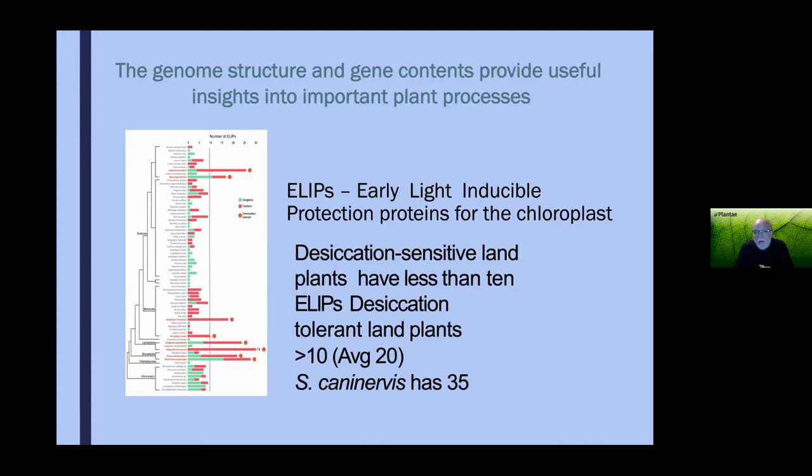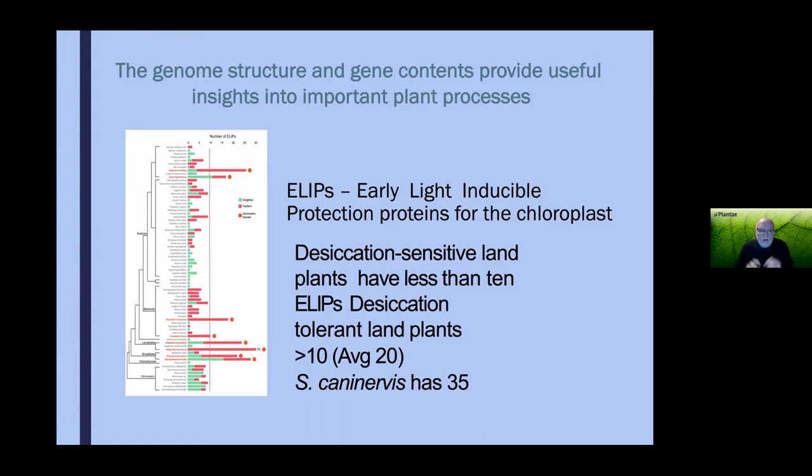Certainly, it's very important in the desiccation tolerance aspect of it. What he found long ago was that the number of ELIP genes you find within a genome can be related to their ability to survive desiccation. Usually anything that's sensitive has less than 10 of these ELIPs, and anything that's desiccation tolerant has a lot more. And Syntrichia caninervis has 35 of them.